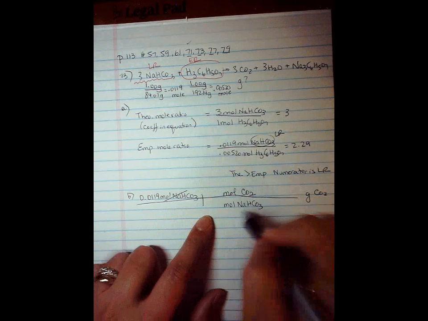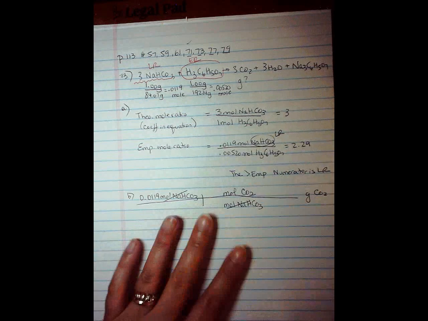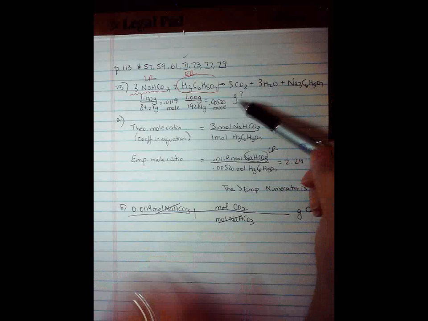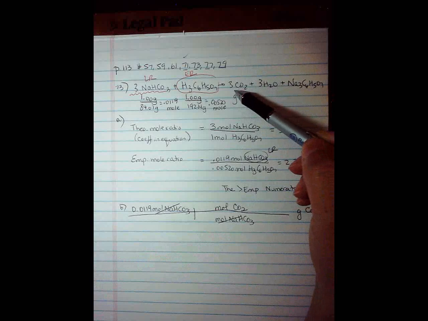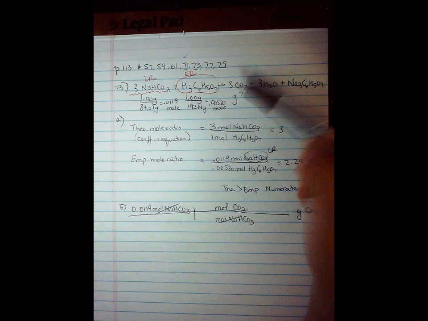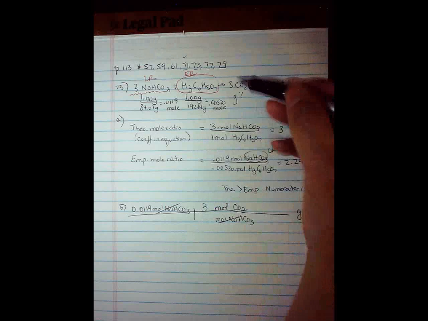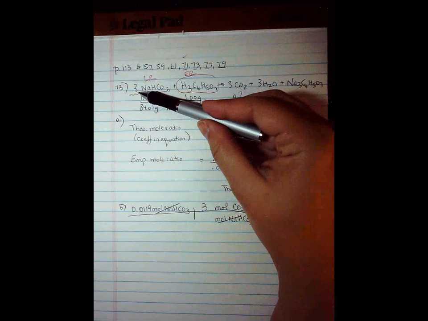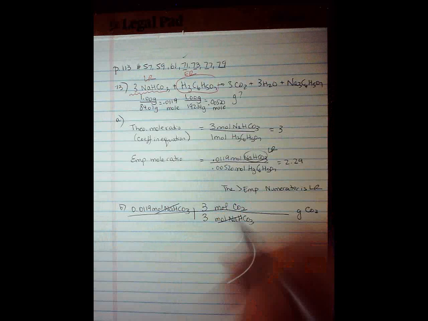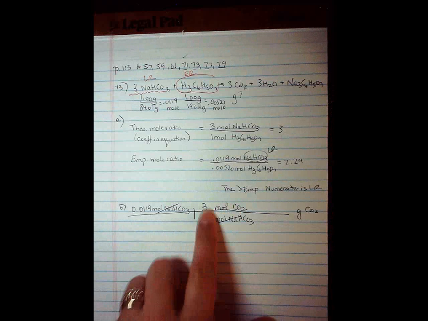So mole of NaHCO3 cancels out. Now, what is the relationship between CO2 and NaHCO3 according to the chemical equation? What does the recipe tell me? I make 3 CO2s for every 3 NaHCO3s that I provide, right? So my mole ratio here is 3/3.